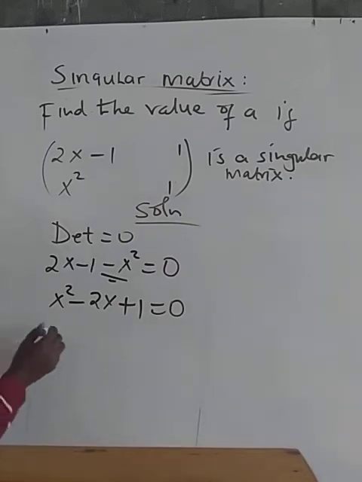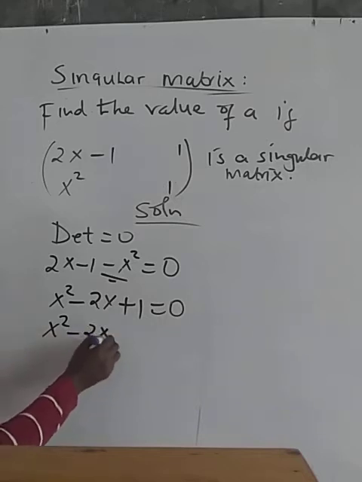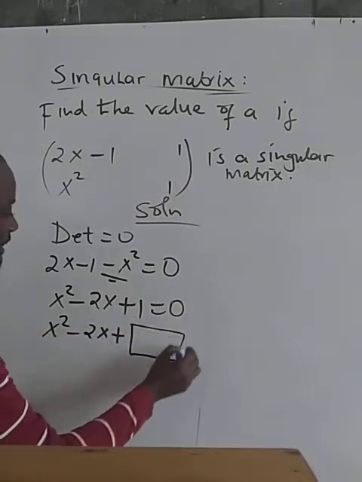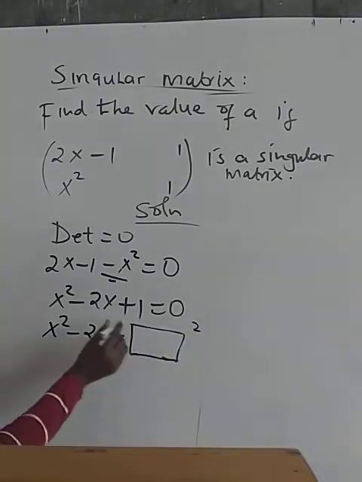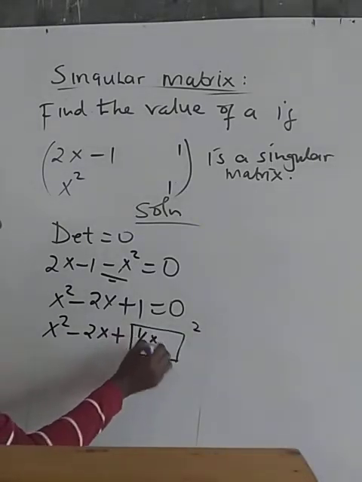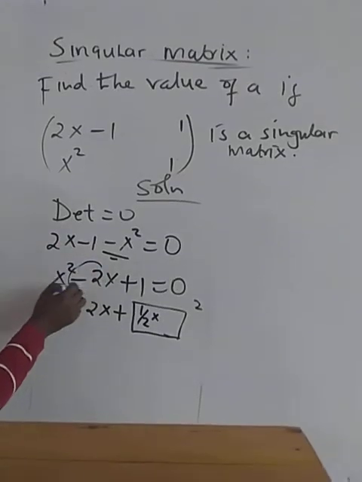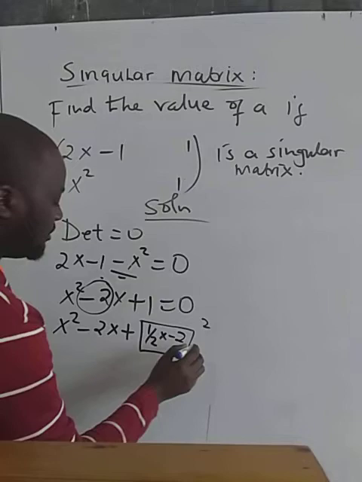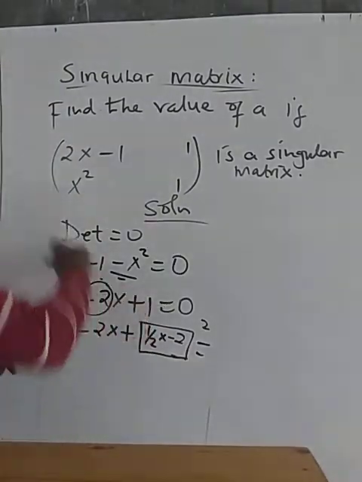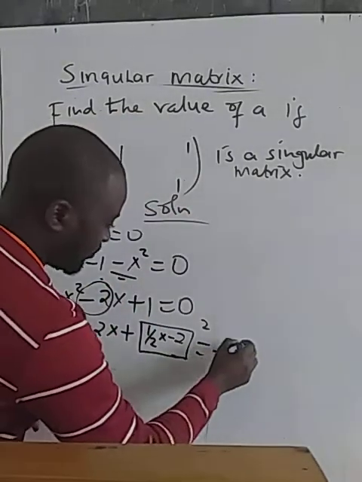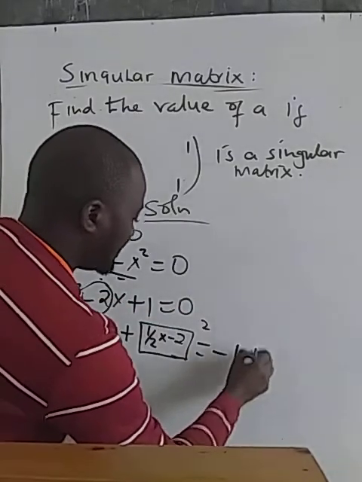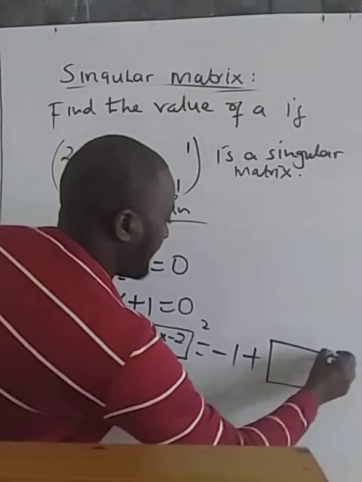Now, we have x squared minus 2x plus this one squared. Here we put 1 over 2 of the coefficient of x, that is minus 2. Then take this one to the other side, it becomes minus 1. What you have done here, do to the other side, plus the same.